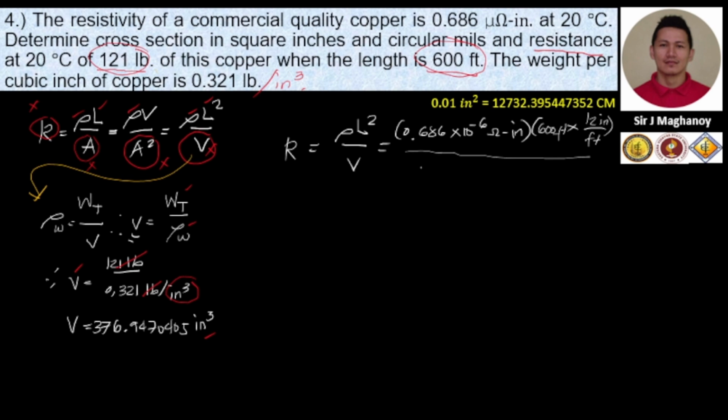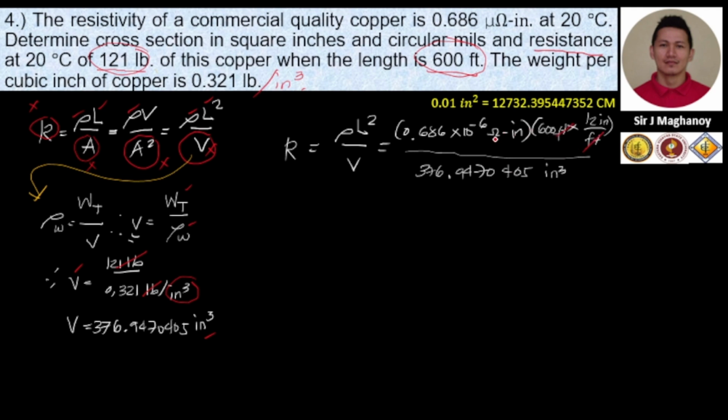Our volume is 376.9470405 cubic inch. Okay, so let's cancel out common units. The 600 feet converted to inches, so cancel out feet.